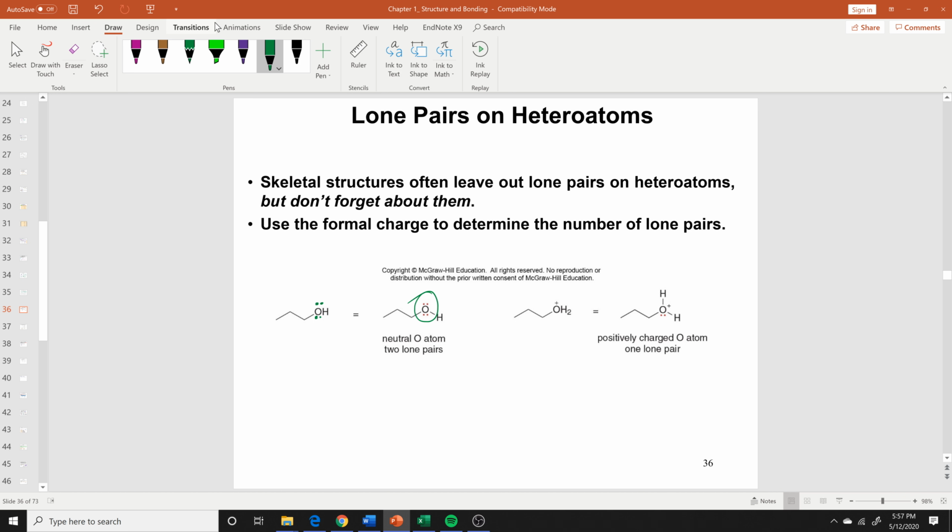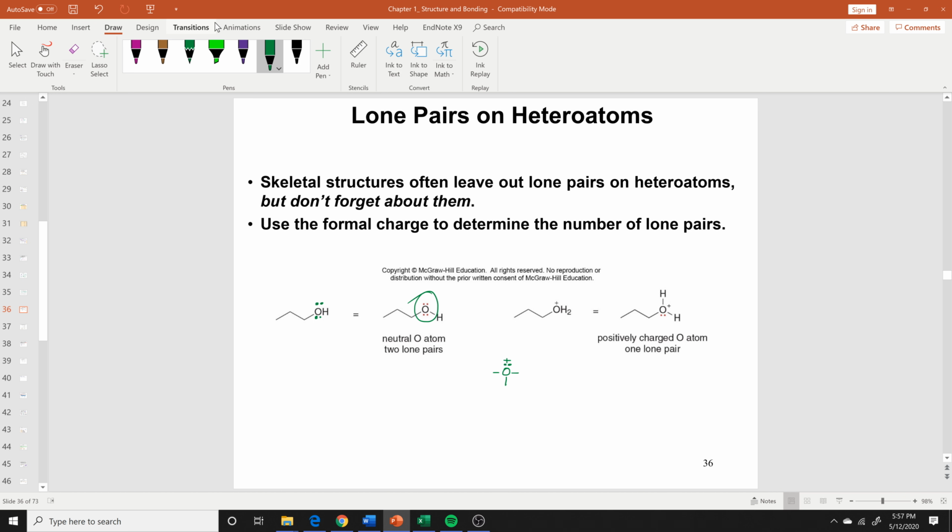It really matters because normally reactions start from the lone pair, so it matters where the lone pairs are. Same thing, if I have this in skeletal form, it's kind of deceiving. This oxygen is having 3 bonds, 2 with the hydrogen and 1 with the carbon, and a plus charge, so it has to have how many lone pairs? 1 lone pair.